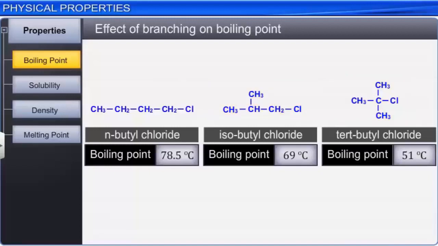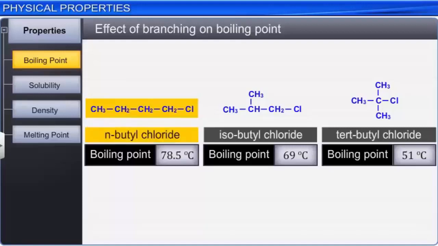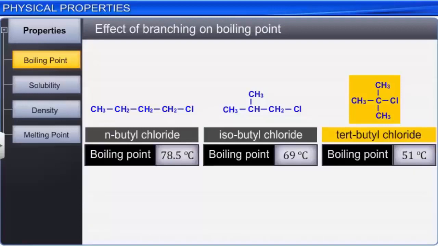This results in a decrease in the magnitude of van der Waals forces and hence the decrease in boiling point. Thus, among the isomeric butyl chlorides, the straight-chain isomer, n-butyl chloride, has the highest, while tertiary butyl chloride has the lowest boiling point.